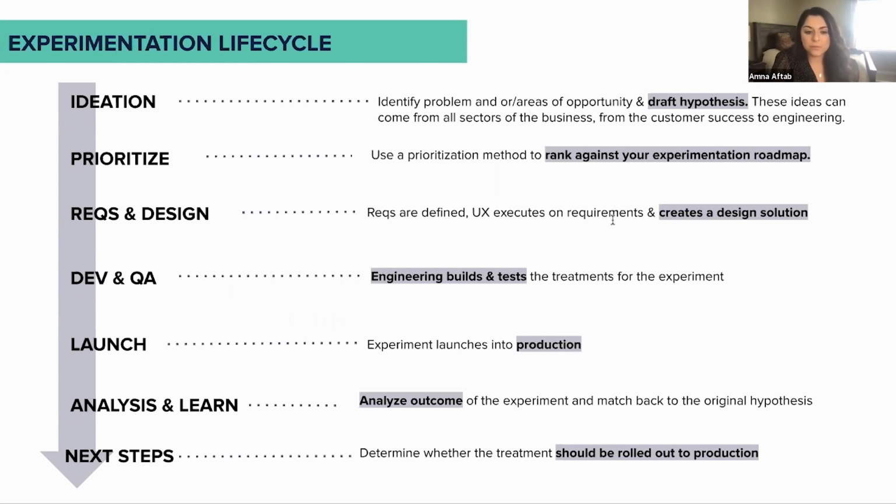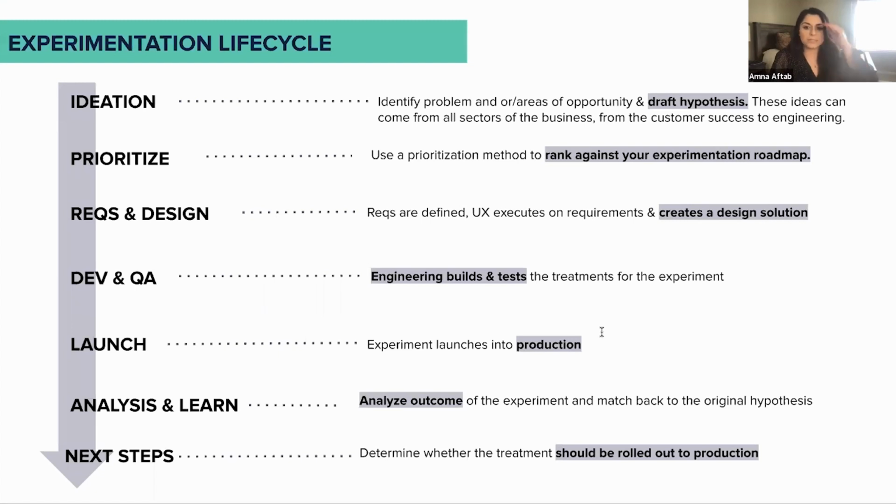And there's various prioritization models you could use. However, the most popular ones are known as ICE and PIE. The letters in ICE stand for importance, confidence, and ease. And the letters in PIE stand for potential, importance, and ease. Theoretically, you'd assign a point score for each one and prioritize accordingly.